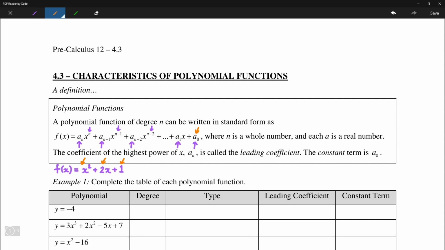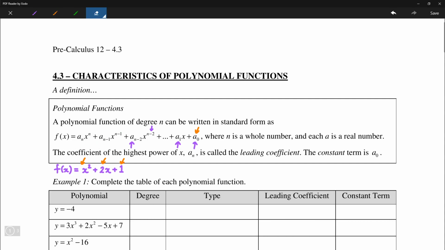The coefficient of the highest power, in this case of the x squared, is 1, and that is usually called the leading coefficient. And those are the defining characteristics of a polynomial function that we just looked at here.